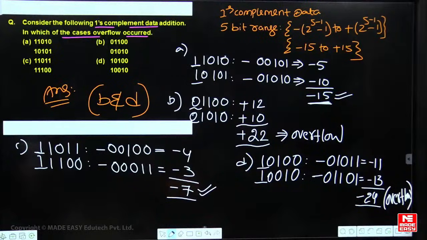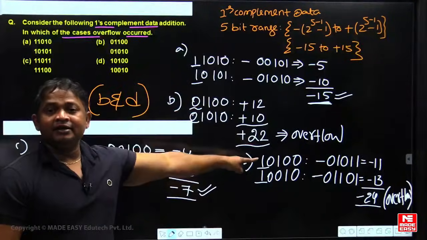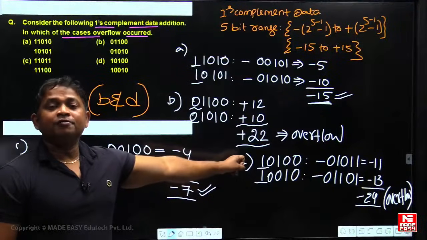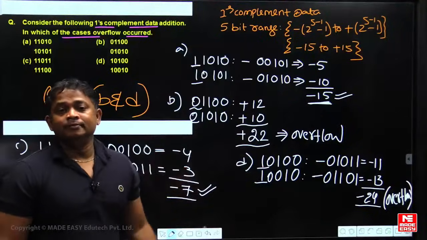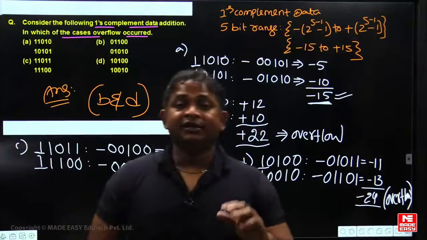For signed and unsigned, direct conditions are available. For sign magnitude and one's complement, a direct condition is not available. That is why for sign magnitude and one's complement we manually verify the overflow condition like this. The range method works in all cases. You are asking whether the range method works.